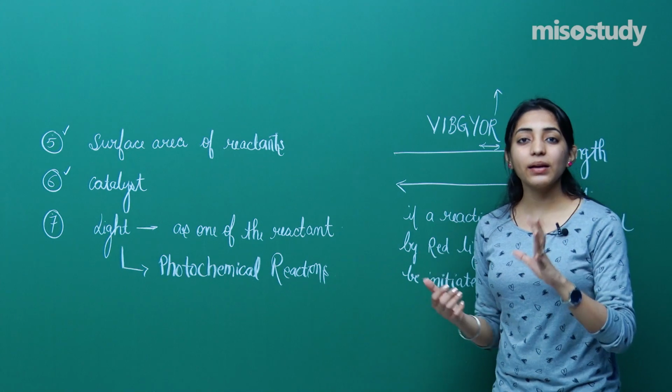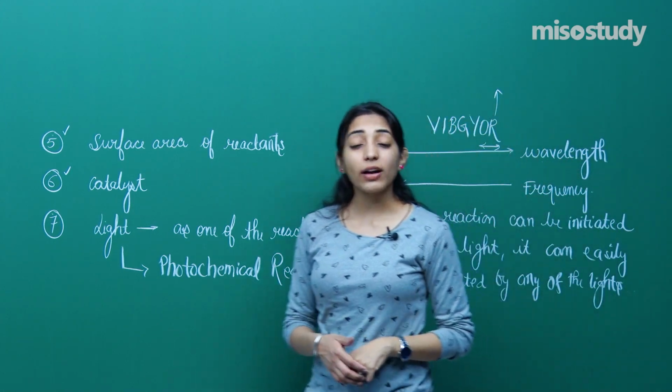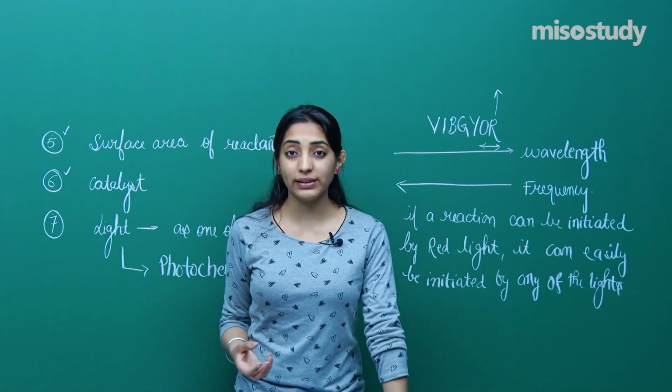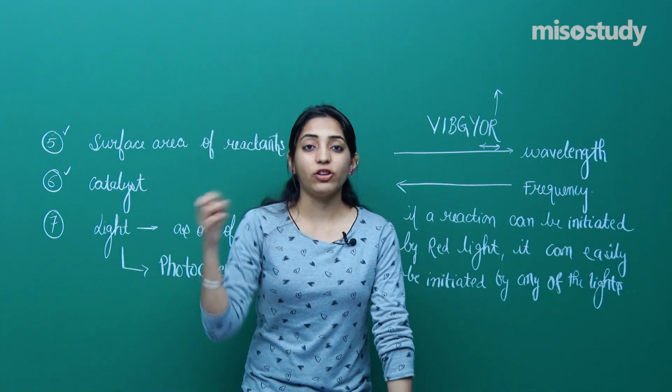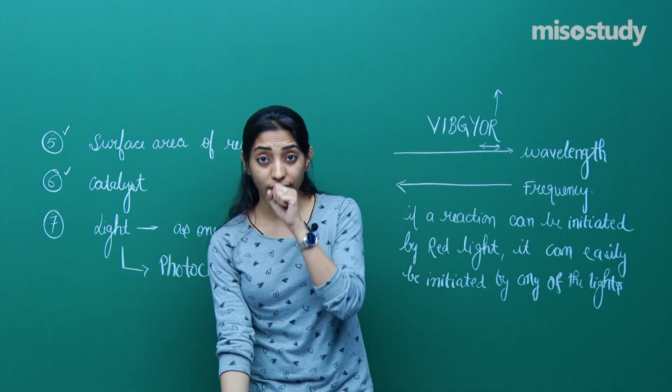So this is gonna be a dicey situation. Suppose, you remember in the chapter Structure of Atom in class 11th we had studied that there is some threshold frequency which is required for the ejection of electron in the photoelectric effect, right?